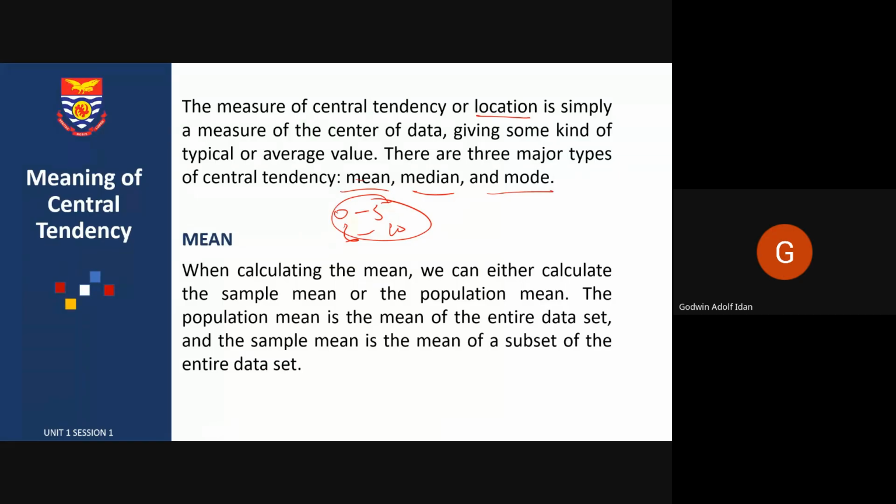By symbol, when we write this X bar, we are looking at, for example, the mean of a sample. And when we write this symbol, μ, that we call mu, then we are looking at the mean of the population. So you should be watching how the formulas are going to change. Now let's focus on the mean.